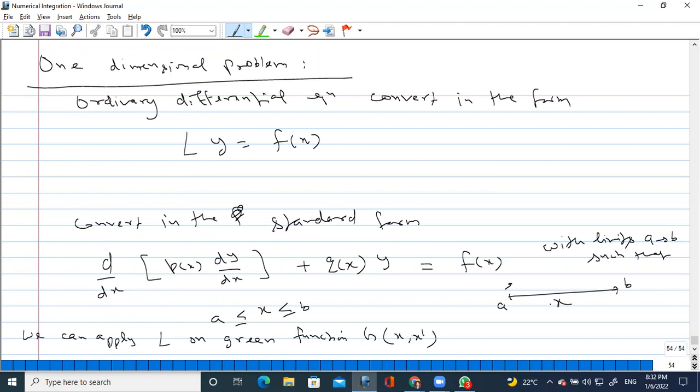Here x is the point where we calculate the quantity.